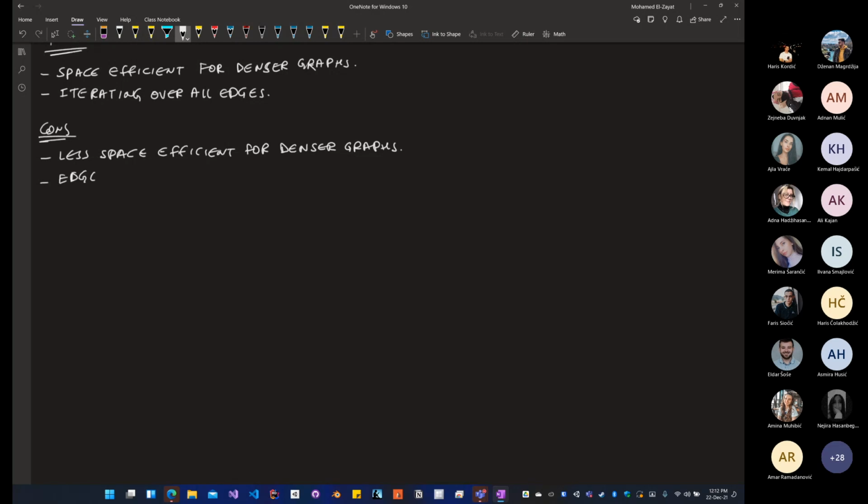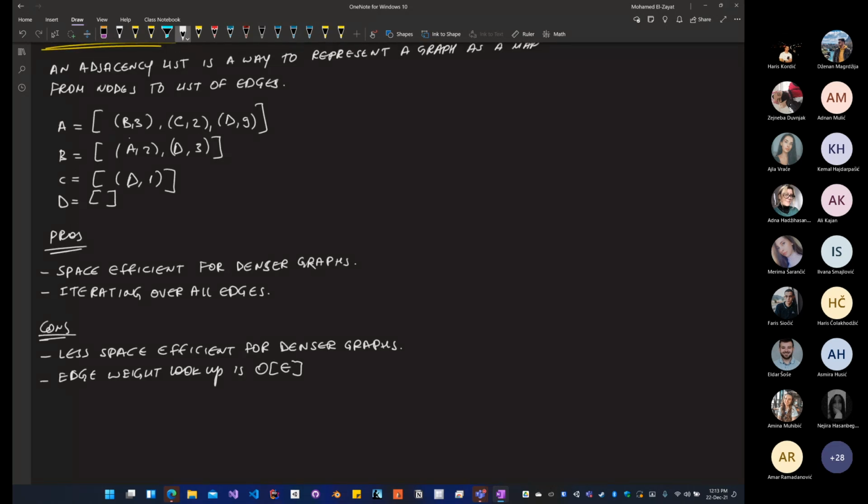Edge weight lookup is O of E, because if you would like to find an edge weight, for example, let's say A has 1,000 connections.